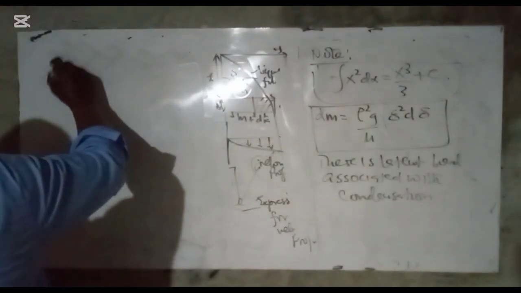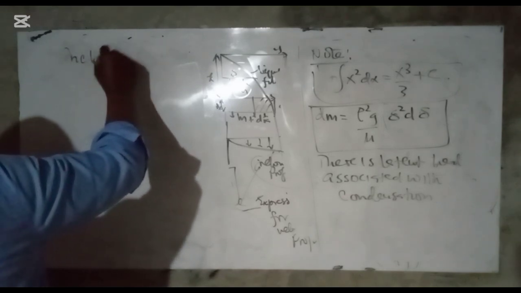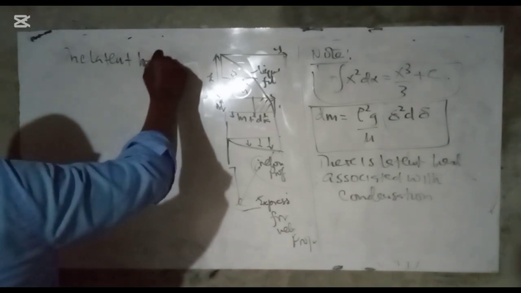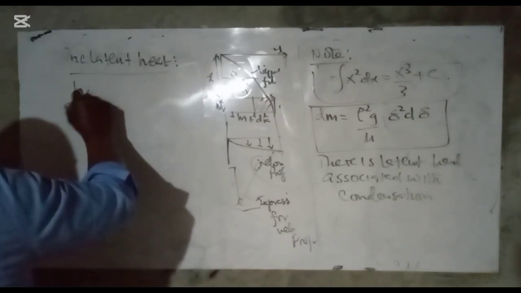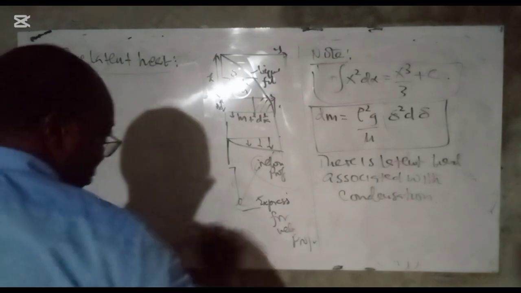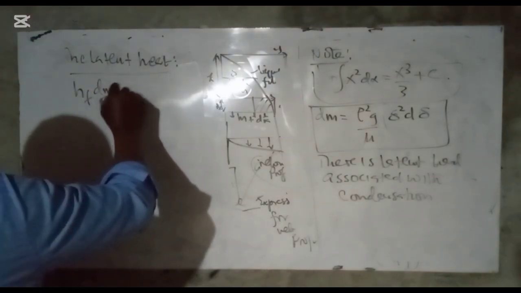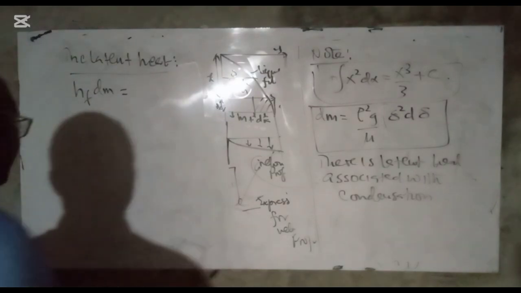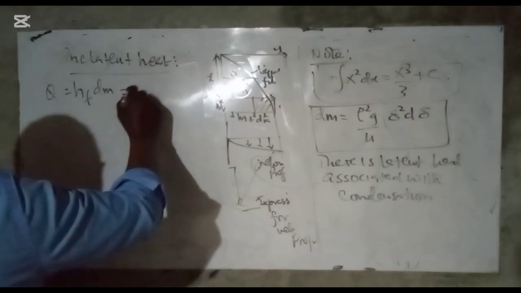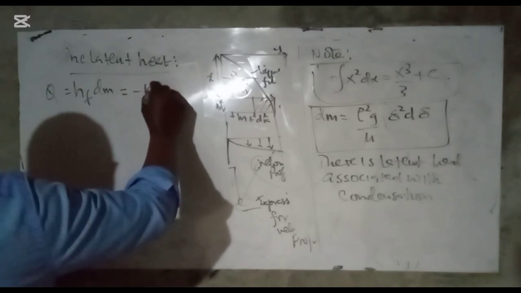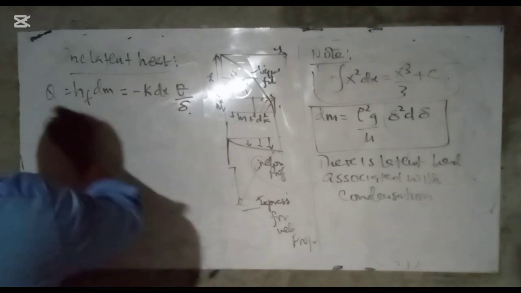So that latent heat, we can represent that as hf dm. Remember that? And that is Q, which is minus k d theta over d sigma.